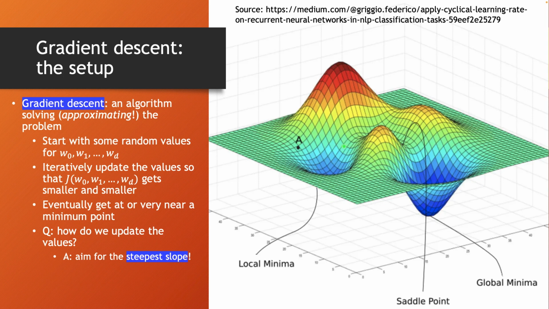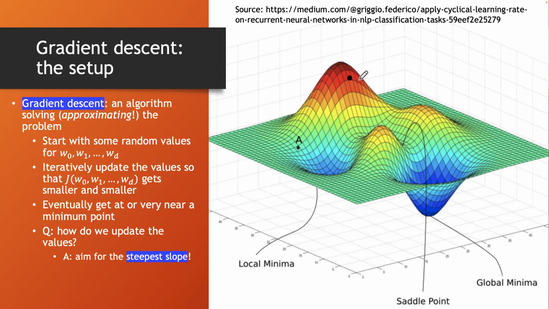The way this works is that it will start with some random values, W0, W1, WD, and what this means on this visual illustration is that it's going to do a search for this minimum point starting somewhere in this landscape. Let's just say that choosing your initial values will make you start your search from this point in the landscape.